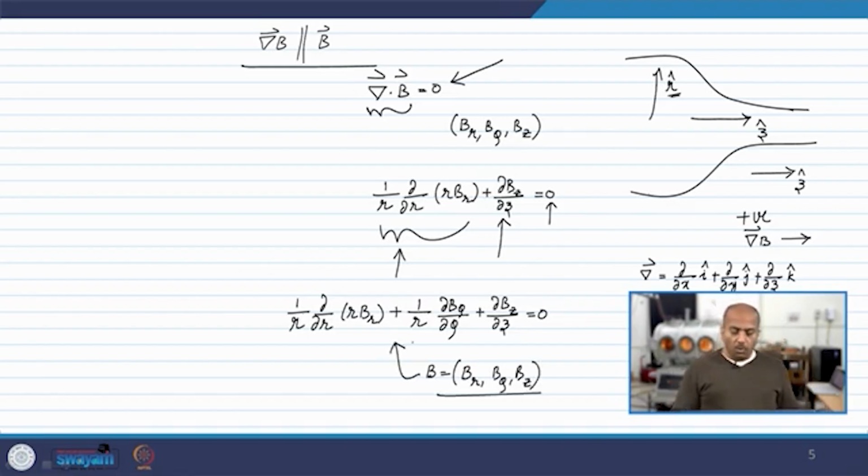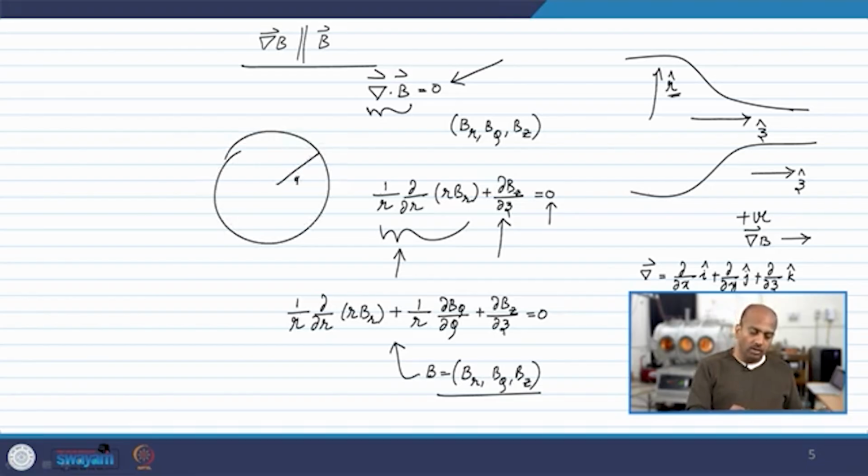Now, dou B phi by dou phi, do you understand what it is? You take the cross section and fix any desired value of r.